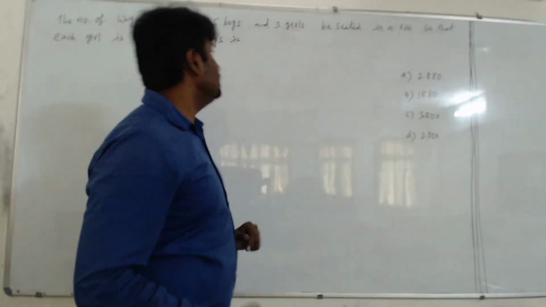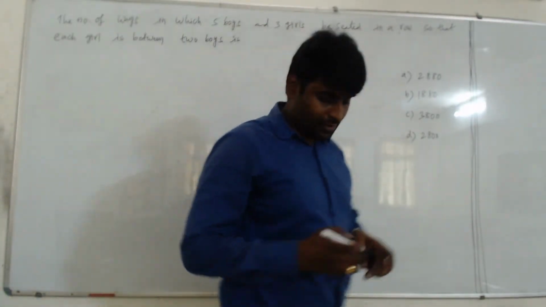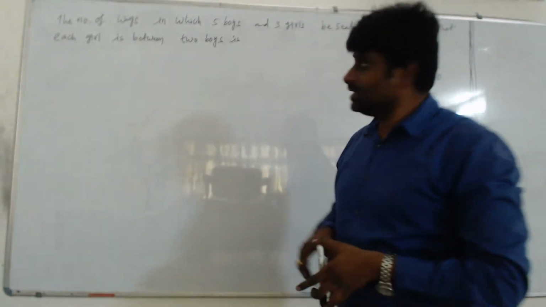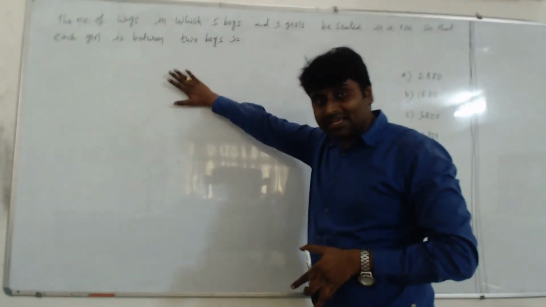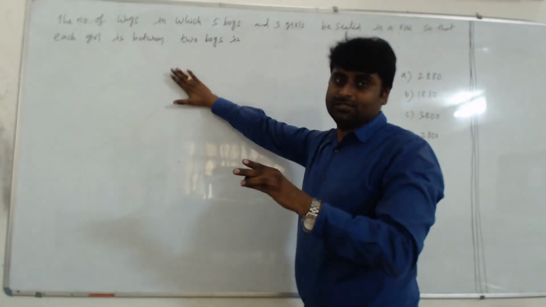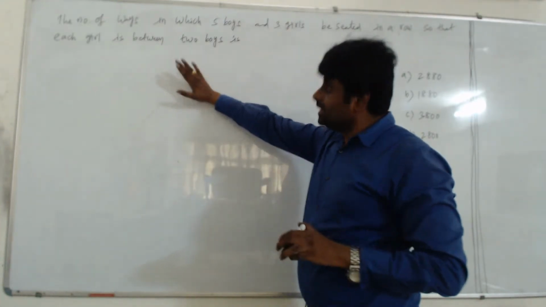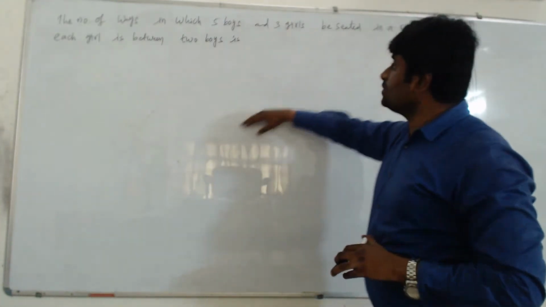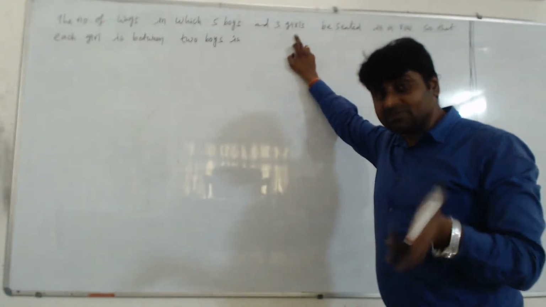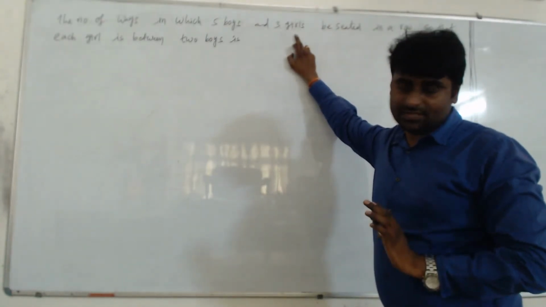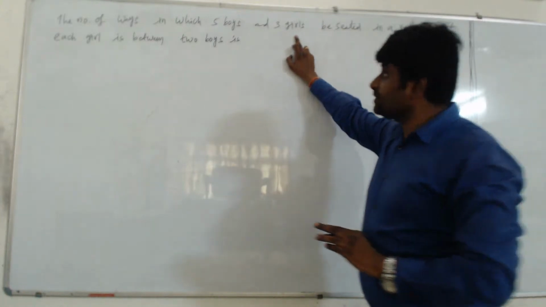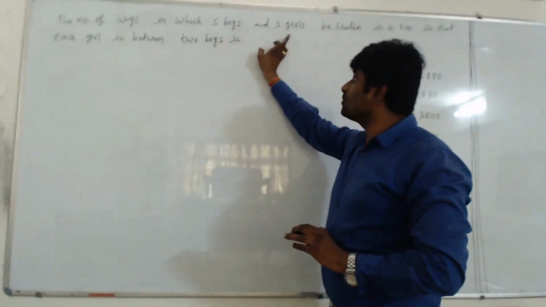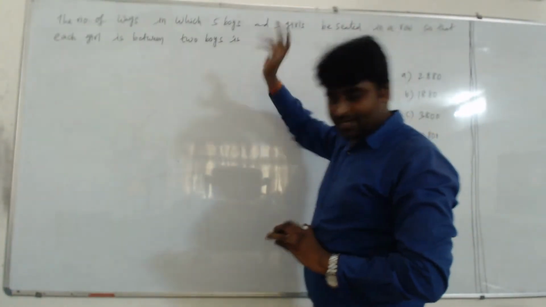First, how many ways can we arrange the boys? 5 factorial. When you arrange 5 boys, how many gaps are left in between boys? 4. In those 4 gaps, we select the remaining 3 girls, which can be done in 4P3 ways. So the answer will be 5 factorial into 4P3. Clear? Now let us solve.